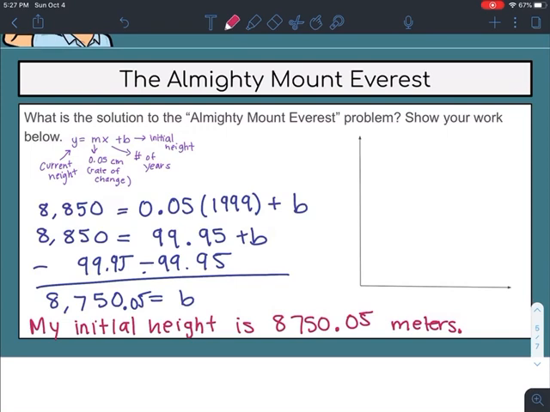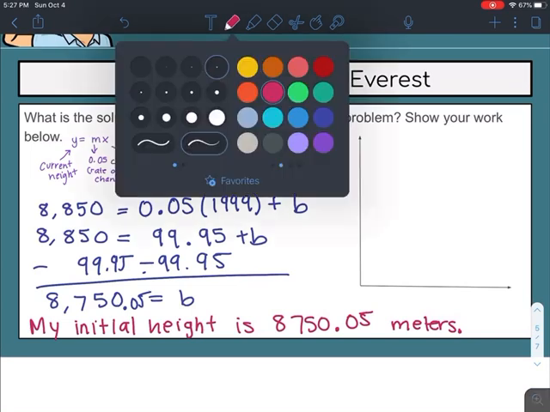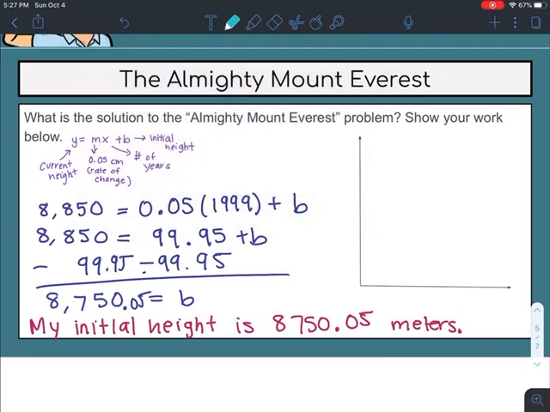Since my initial height is 8,750 meters, if we were to look at that on a graph, right here this is 0. Remember, my x is in years.